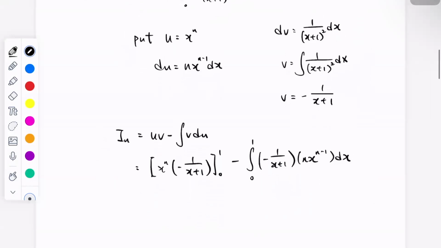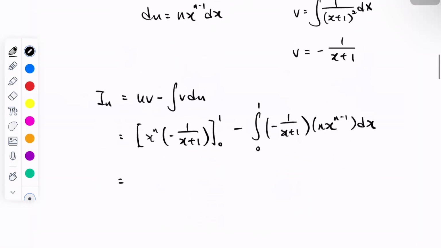So far so good, right? If I do some simplification, the first part is simply negative x^n over (x plus 1), and then substituting from 0 to 1. I'm sorry, not integration, just substituting from 0 to 1.